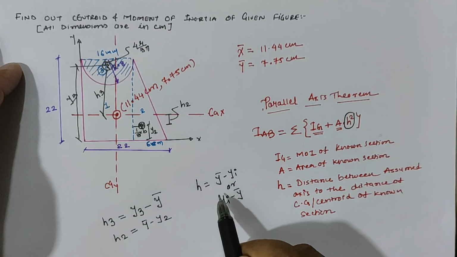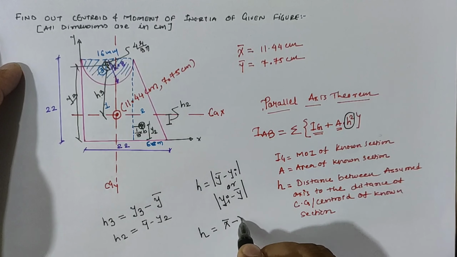So we can take h as negative or positive, but the value of h is y bar minus yi. Similarly, if we take the y axis as a reference axis, then the value for h is x bar minus xi.